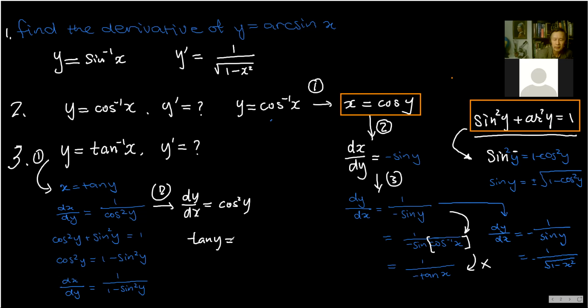Can we rewrite tan y? Normally we just use tan x, right? Tan y is still a trigonometric function, where y is the angle. By definition, what is a tan? Sine over cos. Yeah, you can try that way, yes. Okay.